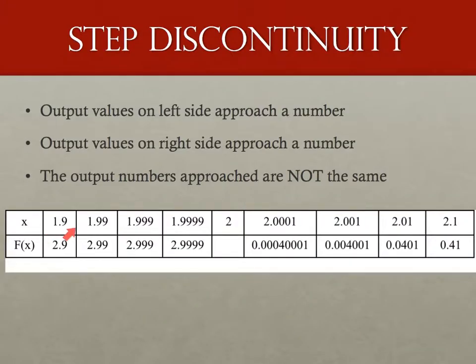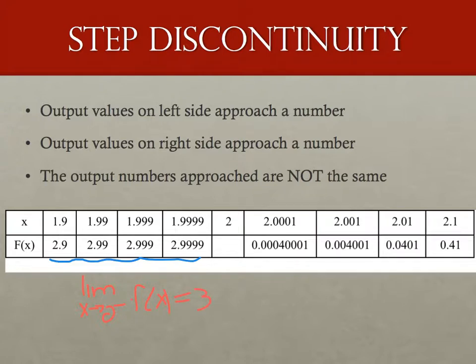So here's our first example. As you look at our values of x, it seems we're approaching 2. We're going to approach 2 from the left on this side and 2 from the right on the other side. And as I'm looking at 2 from the left, I notice that the output on the left side is 3. So we'll have the limit as x approaches 2 from the left of this function is 3.